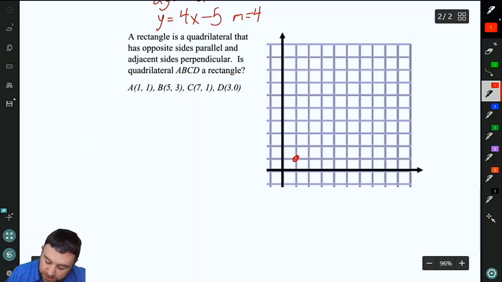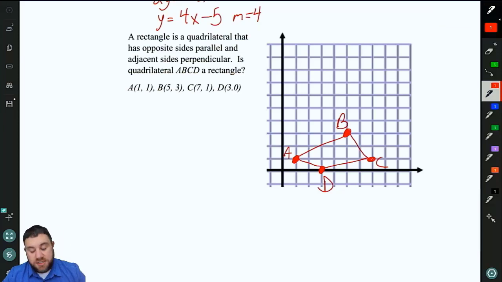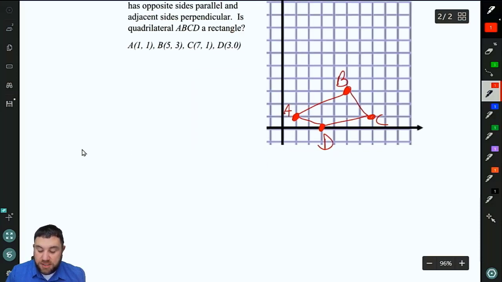So let's plot all of these. There's A, B, C, and D. And you can probably look at this and tell it's not a rectangle, but we still need to back up that statement with some facts, with some actual calculations. So let's find the slope of each side.